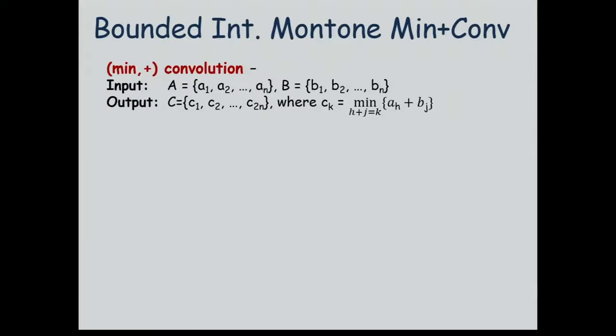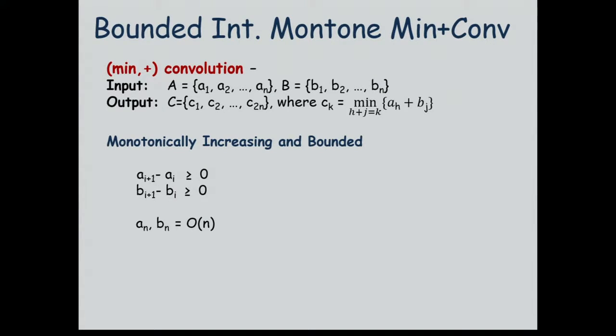Okay, so I'm going to take a look at one of the problems, called bounded integer monotone Min+Convolution. You're given two sequences A and B, and you want to compute C, the regular Min+Convolution. In the monotonically increasing bounded problem, A_{i+1} minus A_i is greater than 0, and overall the values are bounded by some constant times n.